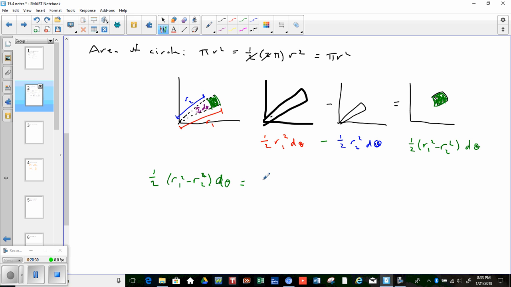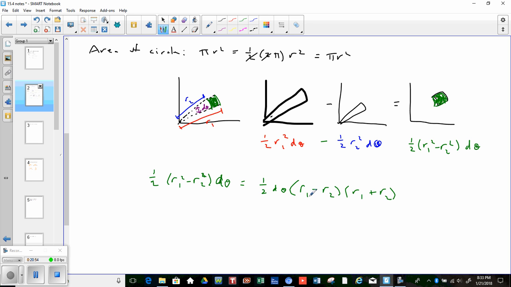equals 1/2 d theta. I'm just moving the d theta to the front. This is the difference of squares, so it factors. That's going to be r1 minus r2 times r1 plus r2. All right, so what is the difference in the two radii?